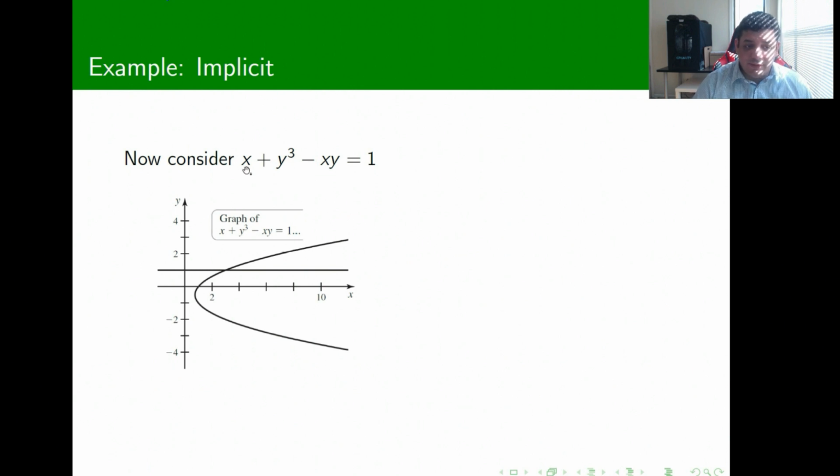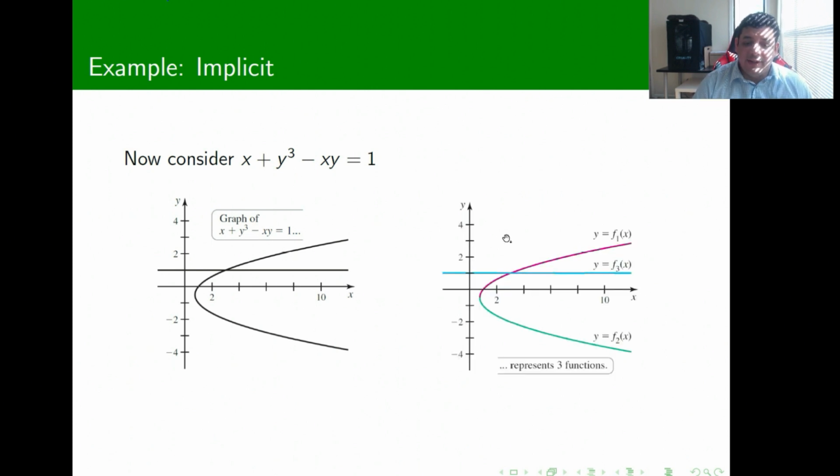But if we consider something like x plus y cubed minus xy equals 1, this function has no way to be explicitly defined. I cannot just write y equal to something in terms of x. And so it's impossible to separate and to find an explicit version of the derivative. So for this we need to define a different way of finding the derivative.